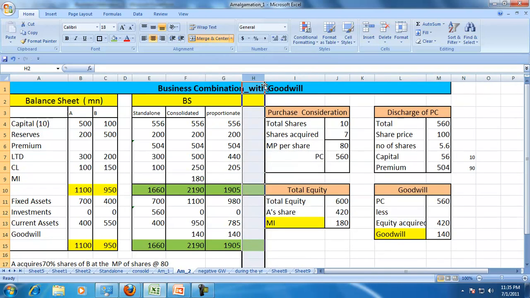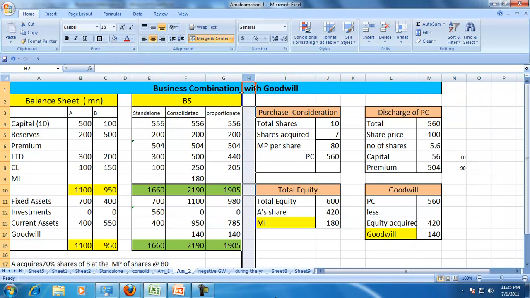The proportionate consolidation will show not 100% of the assets or 100% of the liabilities of B, but a proportionate share of the assets and liabilities of B added to the total assets and liabilities of A. So that is why you don't see the minority interest here.